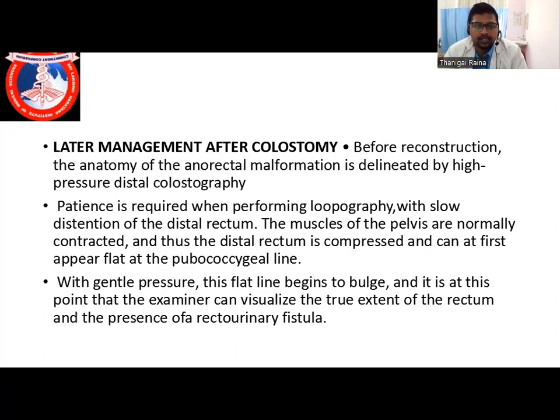So, later management after colostomy. Before reconstruction, the anatomy of the anorectal malformation is delineated by high-pressure distal colostography, as I discussed in the investigations.